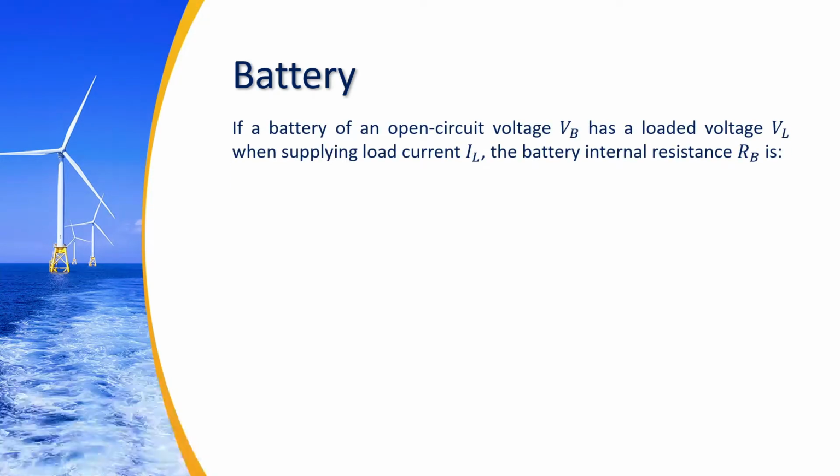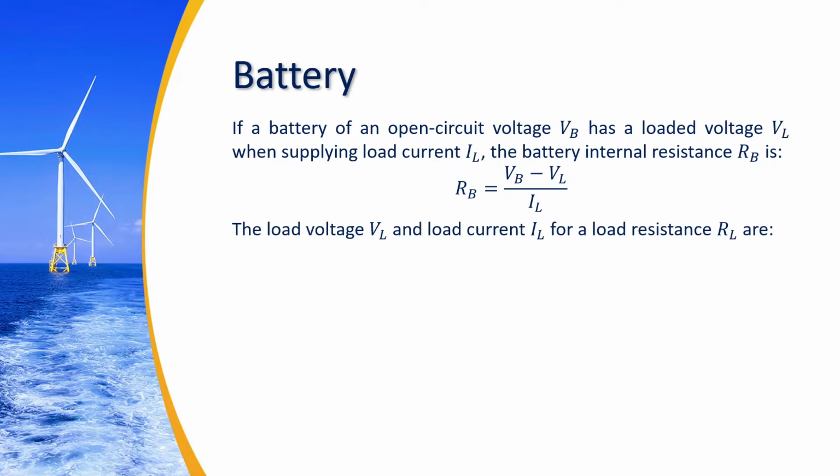So if a battery of an open circuit voltage VB has a loaded voltage VL when supplying load current IL, the battery internal resistance RB is given by this equation: RB = (VB - VL)/IL. So the load voltage VL and the load current IL for a load resistance RL are: VL = IL RL, equivalent to VB - IL RB, or equivalent to VB RL/(RB + RL).